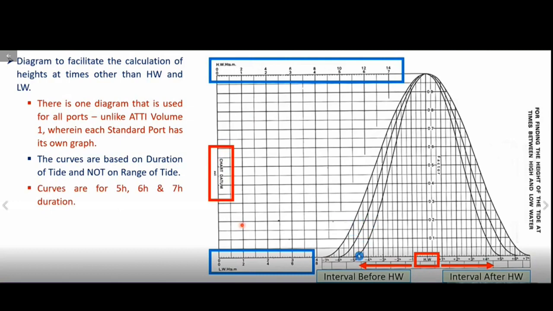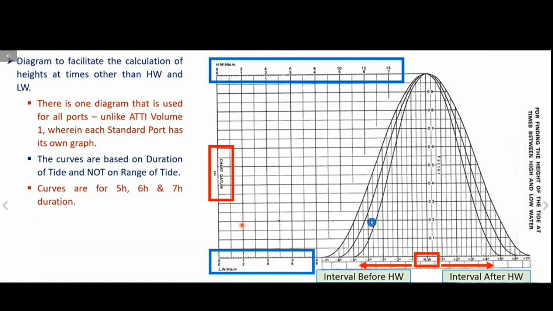So this is understood now. These are based on the duration of tides. For 5 hours, we use the innermost curve. For duration of tide, which is 6 hours, we use the middle curve. And for a duration of 7 hours, we use the outermost curve. If our duration is anything in between these values, let us say our duration of tide is 5.5 hours, then we will go in between the 5 and 6 curves.